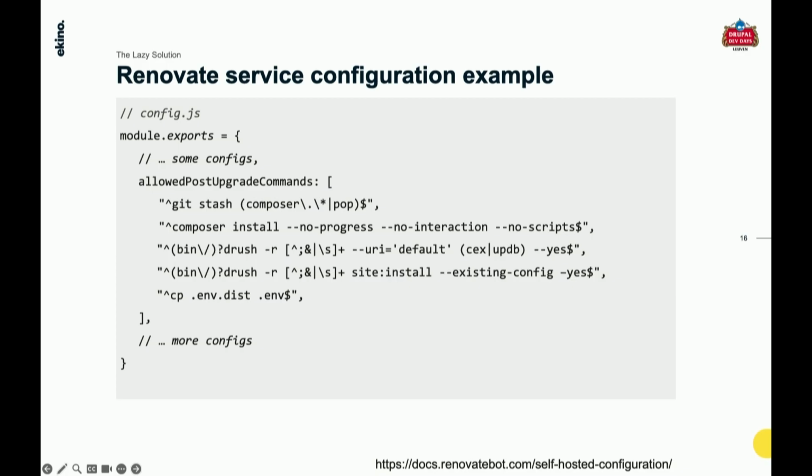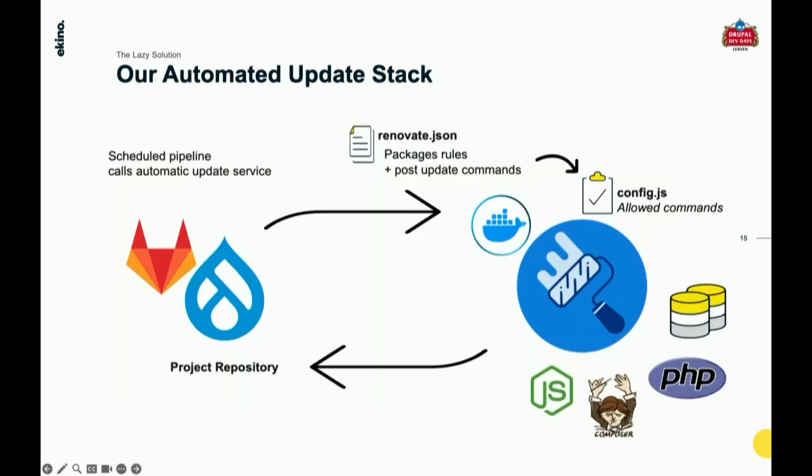You have to be careful, of course, because you don't want to trigger every kind of command. If it's empty, which is the default behavior, there is no allowed command in your pipeline. And with this regex, you can allow some commands. And we detail this.